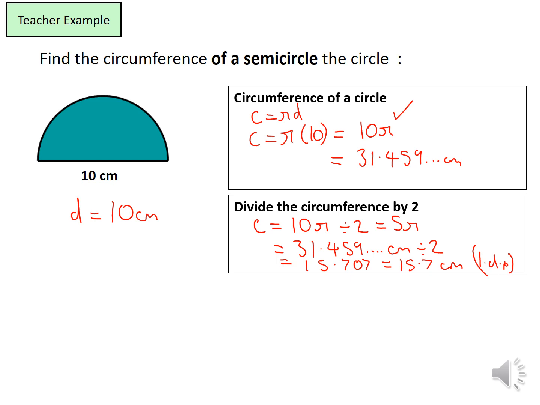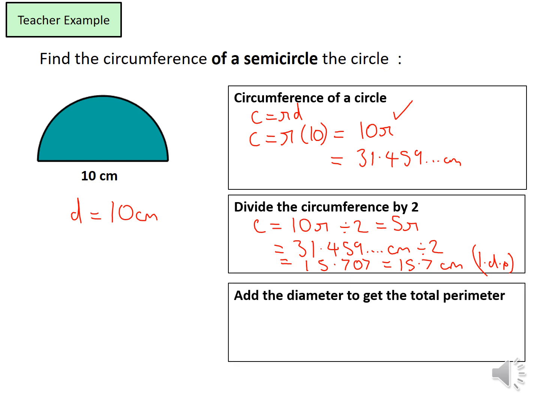Now if the question said find the total perimeter, what you would need to do is add the diameter to the circumference. So you already got the circumference of your semicircle, which is 15.7 centimeters, and you know that the diameter is 10 centimeters.